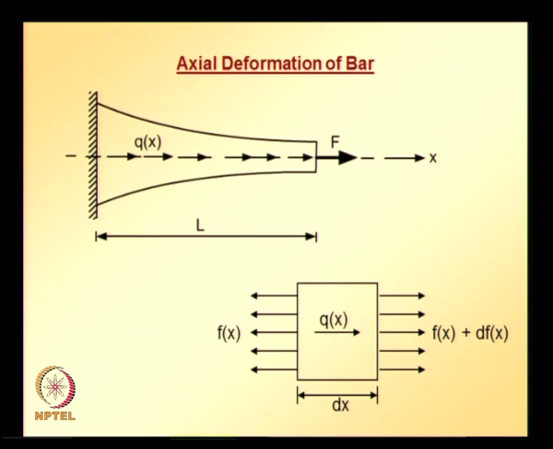Here a bar is shown whose cross sectional area is varying over the length L, and it is subjected to a body force or distributed load Q over its entire length, and a tip load at the extreme point where x is equal to L. If you see this bar, at x is equal to 0 the bar is fixed, and at x is equal to L a tip load is applied.